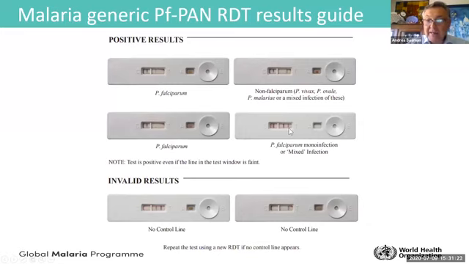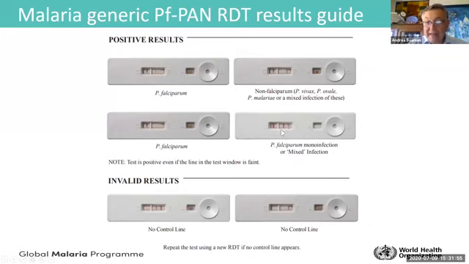This is not a mixed infection by default because the PAN line, which is this one, can also be activated by falciparum parasite. So sometimes falciparum alone can be like this, or sometimes a falciparum result could be like this. And we need to classify this as a falciparum monoinfection or mixed.